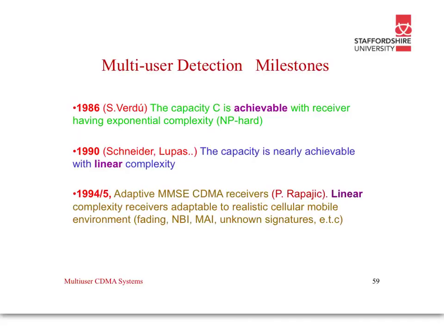In 1994 and 1995, the adaptive minimum mean squared error CDMA receivers were defined. They're linear complexity receivers, and they are adaptable to a realistic cellular mobile environment, such as fading, narrowband interference, multiple access interference, and also unknown signatures. You'll be able to find these research papers. They may be useful for your assignment.